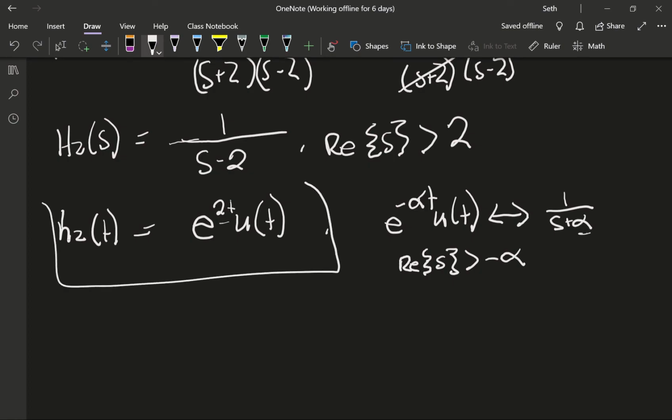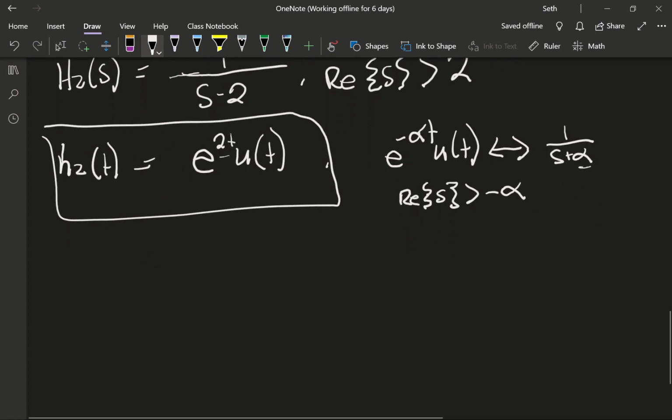Okay, that's A. Now it asks us to find the overall impulse response.